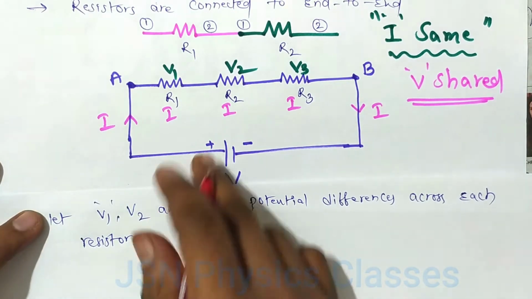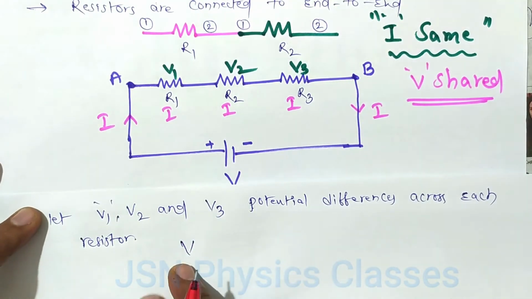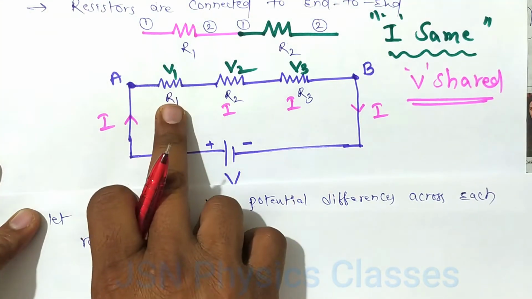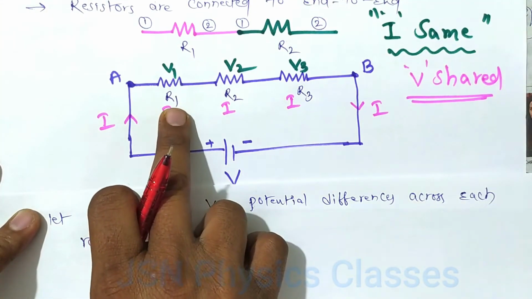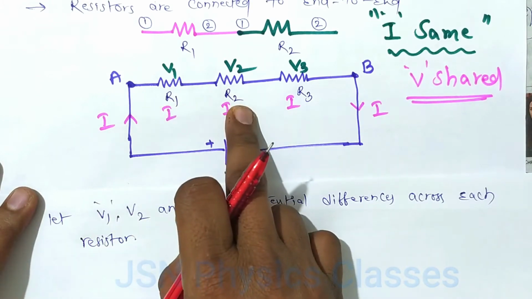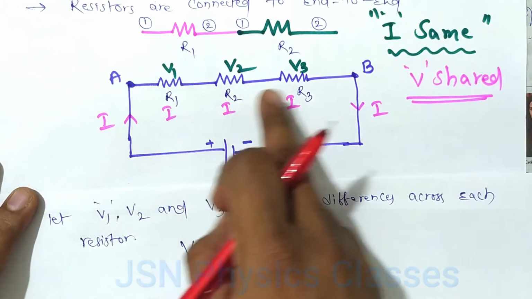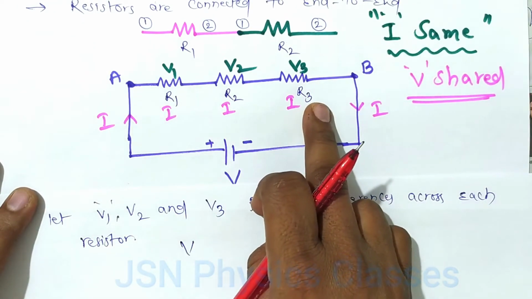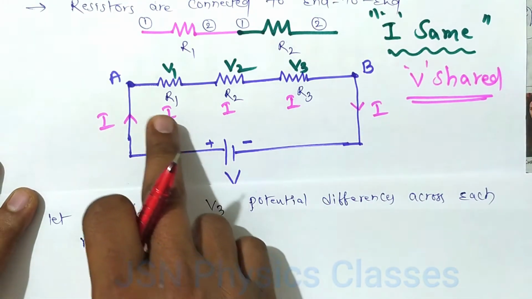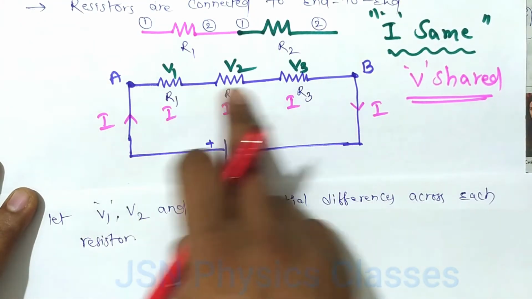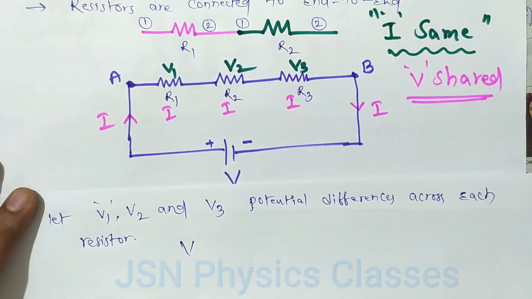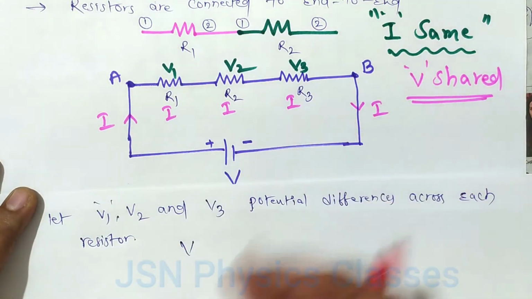Let us consider V is 100 volts. If it is 100 volts, that means at resistor R1, let 30 volts be dropped here, and another 30 volts dropped here. The remaining 40 volts should drop across the third resistor. That means this 100 volts is shared by R1, R2, R3. It depends upon the value of the resistor.